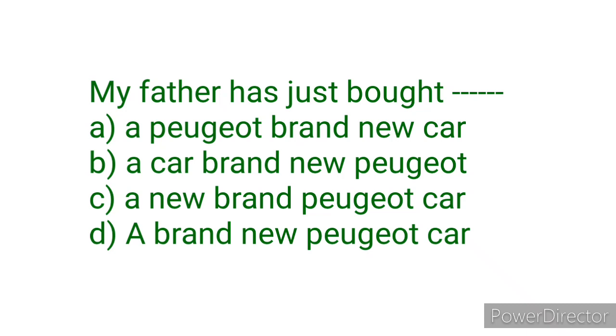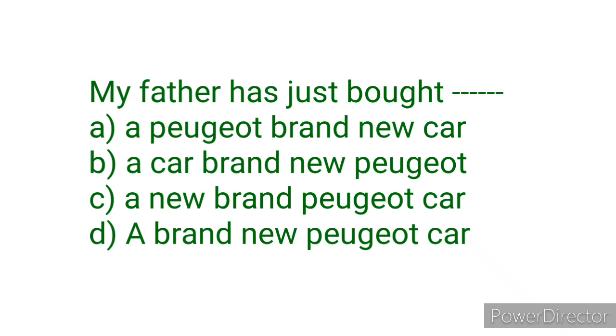Let's look at the options. Like I told you, the first thing that should come is what? The quantity. So let's look at the options now, see if there's anyone that does not contain the quantity. Option A has A in the first position, which is correct. B has A in the first position, which is also correct. C, D, they all have A in the first position.